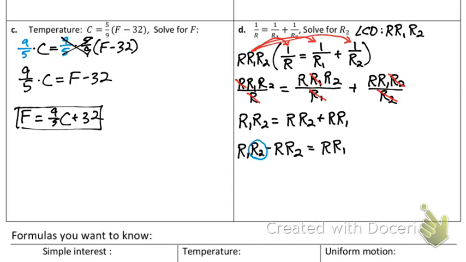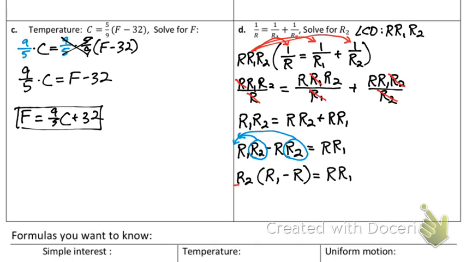Now I have both of my r sub 2's on the same side, so that means I can factor it out front. And so we're going to have r sub 2 times quantity r sub 1 minus r equals r sub 1.